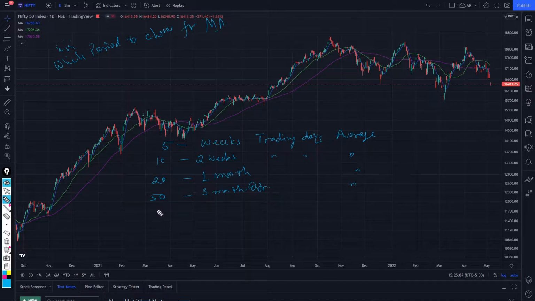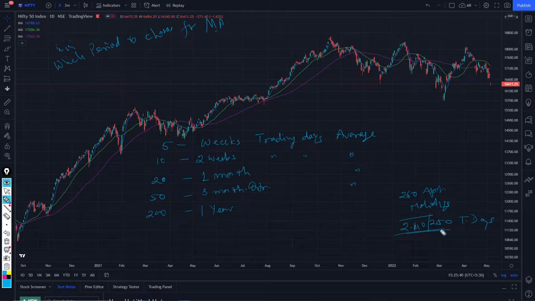And 200 gives almost 1 year, though if you say there are approximately 260 working days, but if you leave some holidays, in India holidays are more, so it will come around 240 to 250 working trading days. But for the sake of convenience, we take 200.